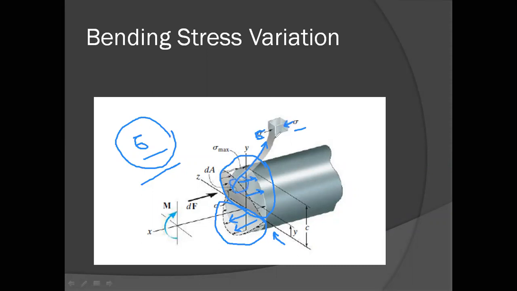The formula for normal stress is sigma equal to minus My divided by I. If we move from this position to this position and the bending moment does not change appreciably, then the value of sigma on this side has to be equal to the value of sigma on this side.